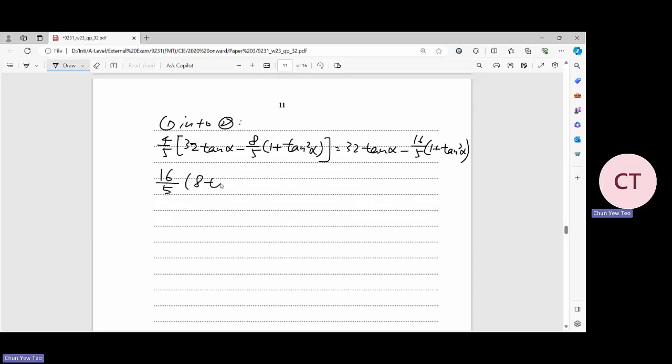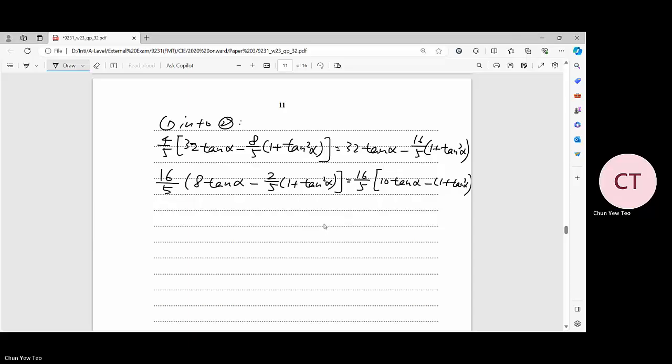So this one is 8 tangent alpha minus the 2 over 5 minus the multiply. Take the 16 over 5 out. I get a 10 tangent alpha minus the 1 plus the tangent square alpha.